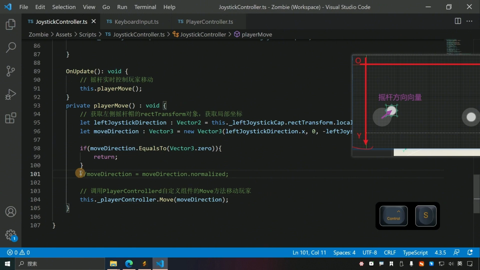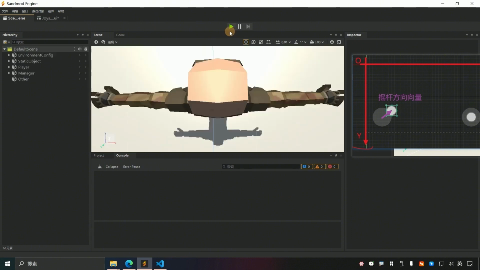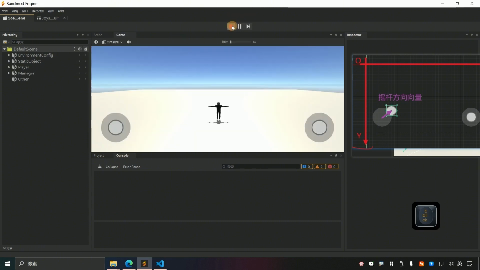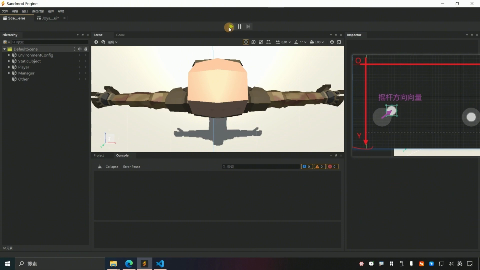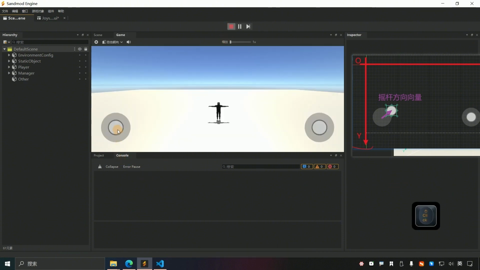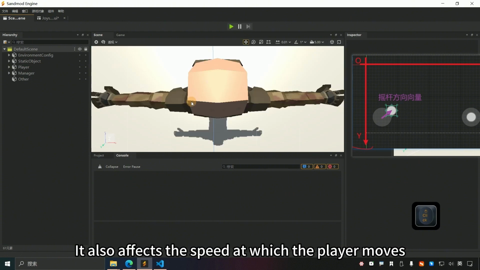Comment out this line. You will discover it's noticeably much faster than before. So without normalization, it not only affects the direction of motion, it also affects the speed at which the player moves.